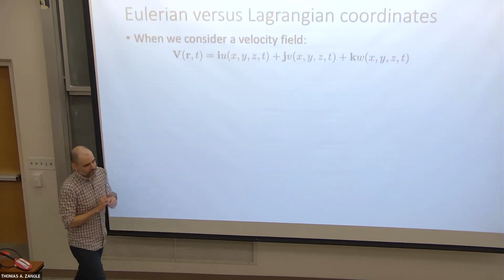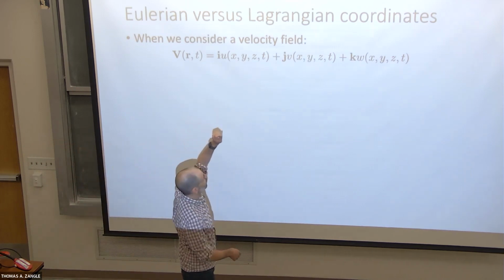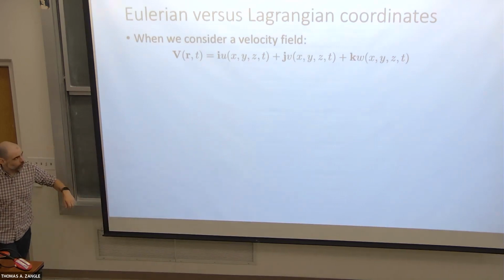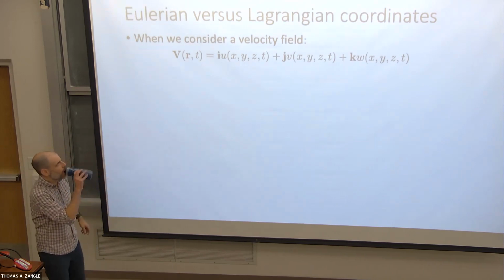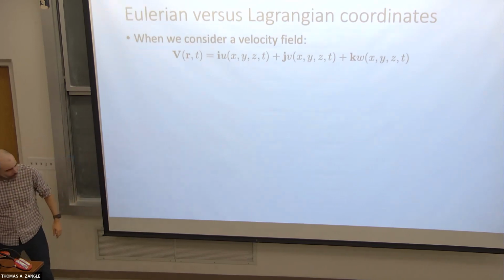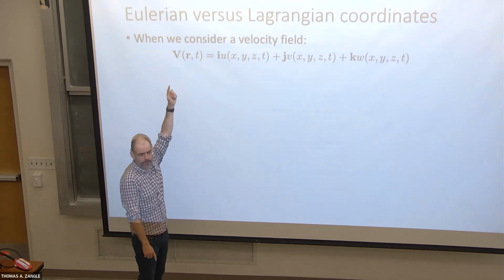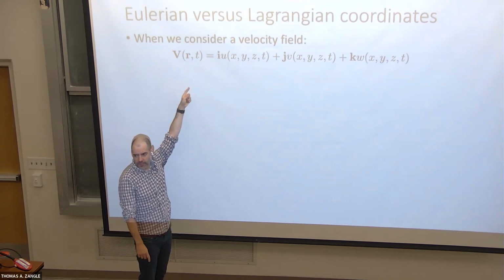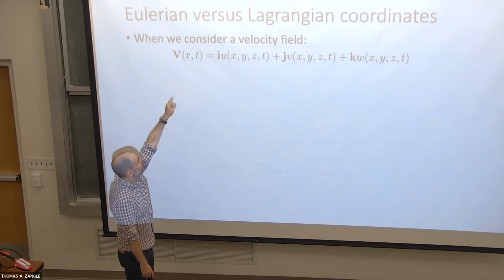And one of the first concepts that we're going to encounter is what's called Eulerian versus Lagrangian coordinates. We're going to have some velocity field here, bold V, vector V of bold R, vector R, comma t. It's a little bit washed out on the screen right now.